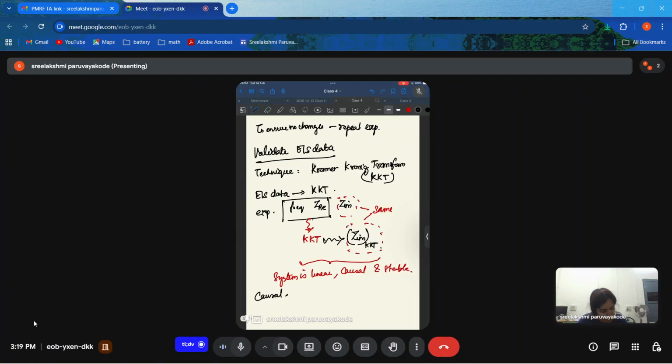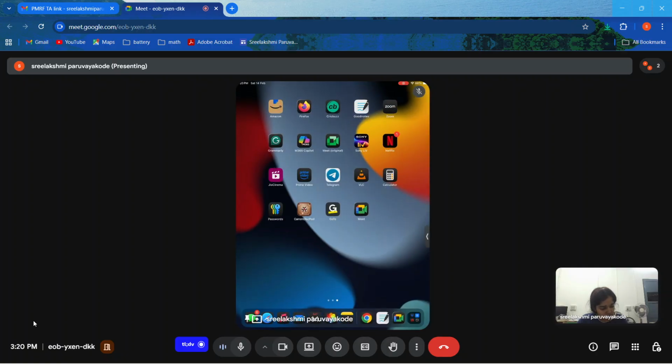As mentioned, we are doing this to validate the data. We do the experiment and get frequency versus Z real and Z imaginary parts of the impedance. We feed any two, that is, frequency with either Z real or Z imaginary, to this software.